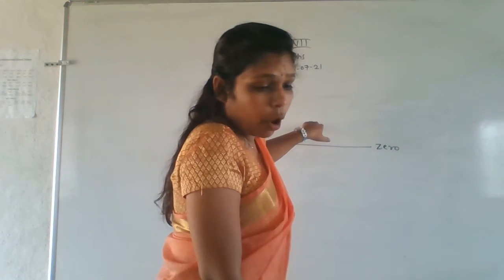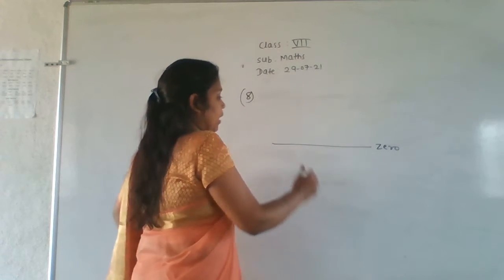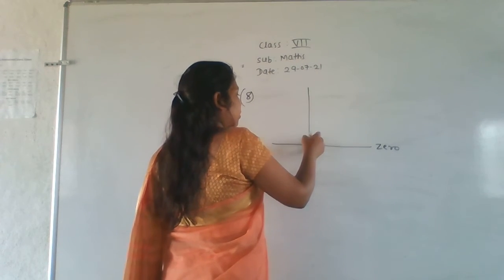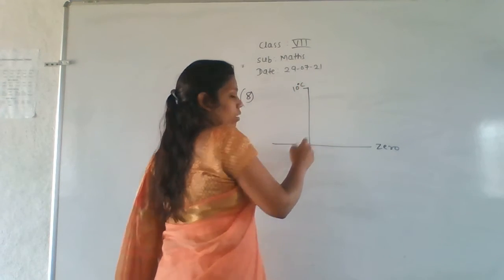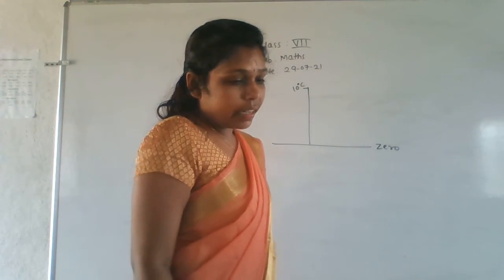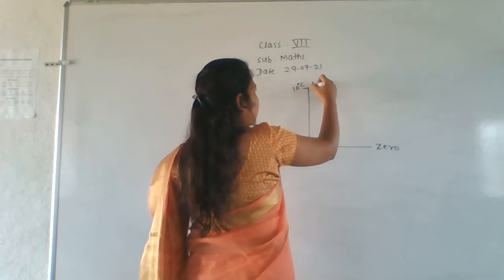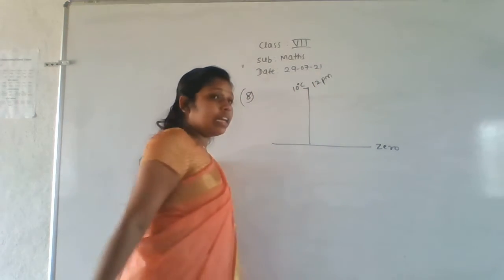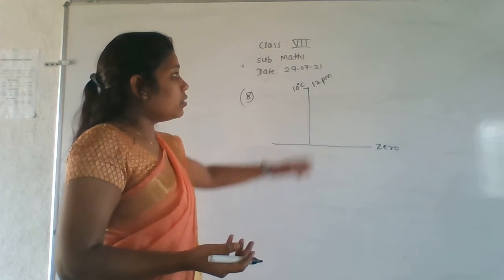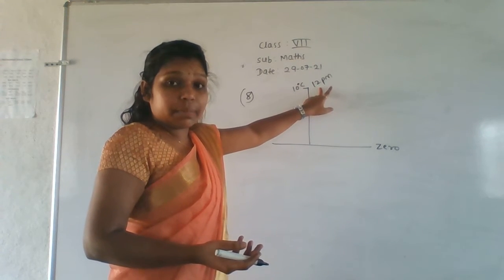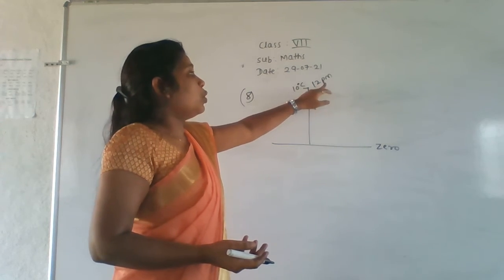Above the zero level, how many degrees Celsius? 10 right here. So this will be the 10 degrees Celsius. Assume like that. And next, at what time is it? It is the 12 noon. Noon means afternoon, right? So what is the unit of this time? That will be PM, so 12 PM.